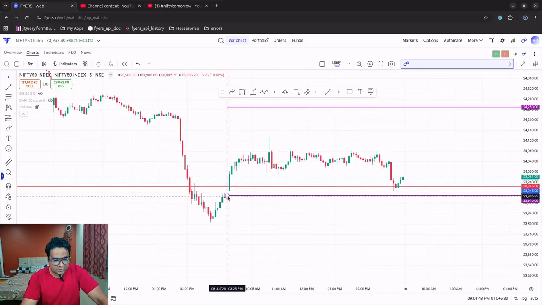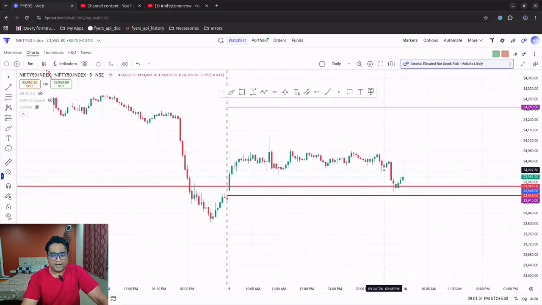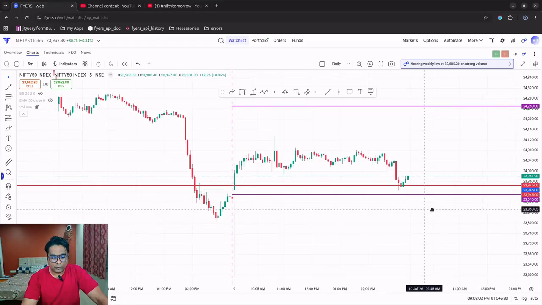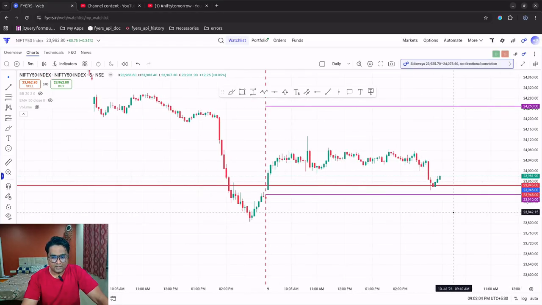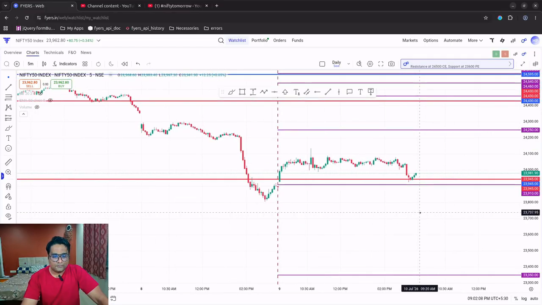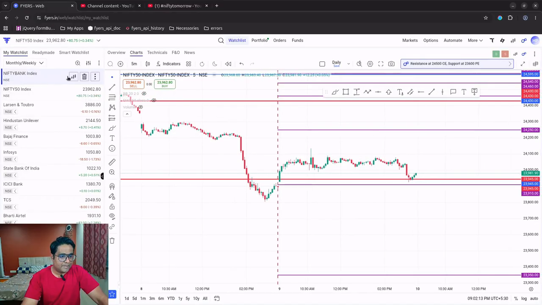Market opened at this red weekly key level, went up, and then tried to stay above the 23,945 weekly key level, thus respecting 23,910 also. So this is the performance of Nifty today, and the same goes for Bank Nifty.